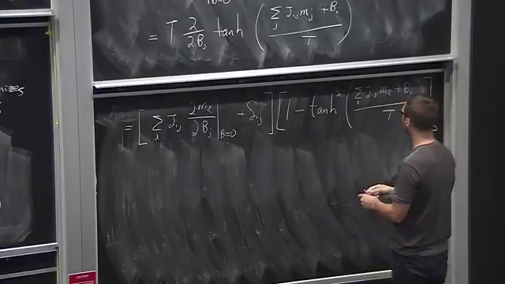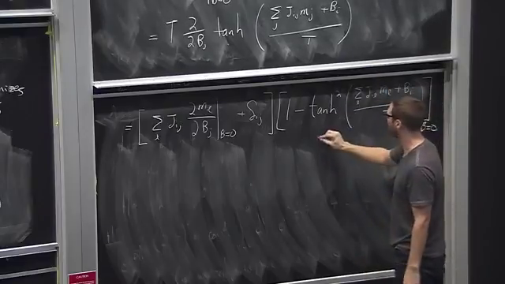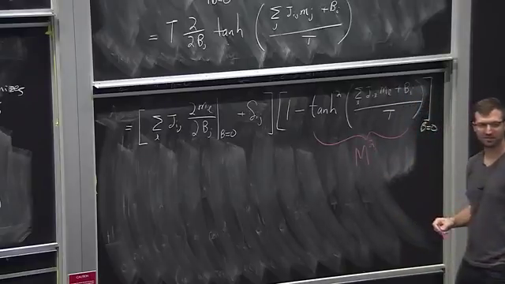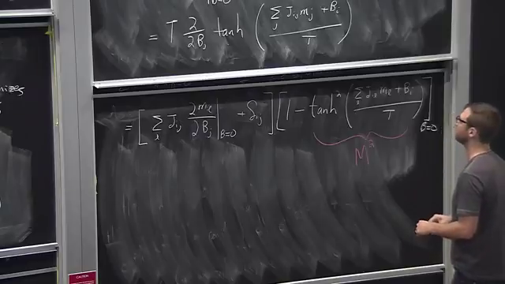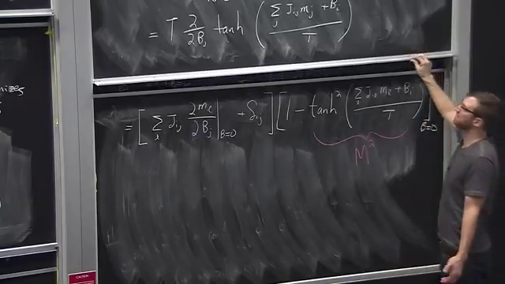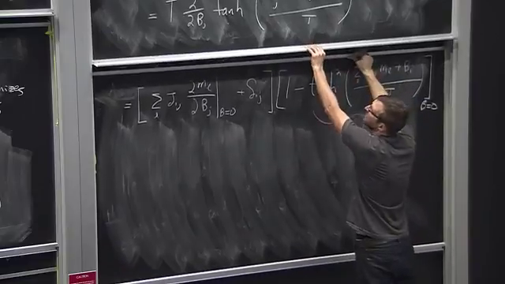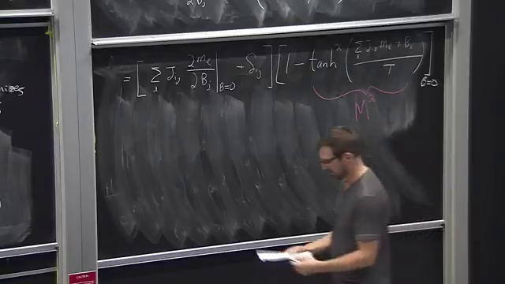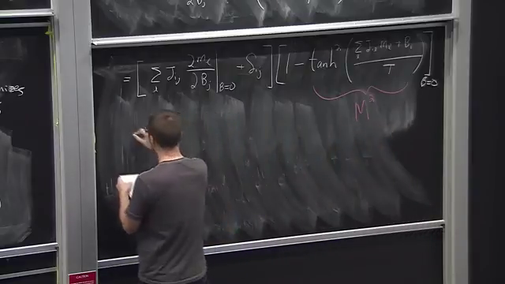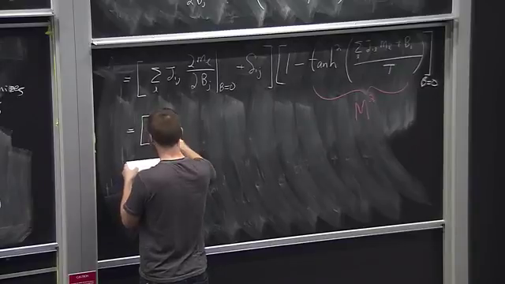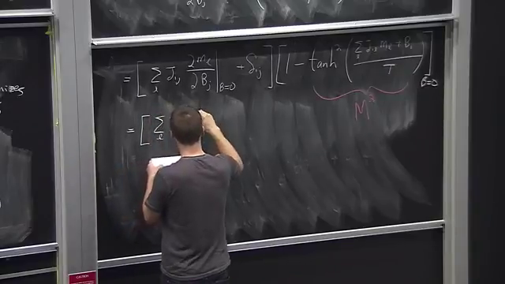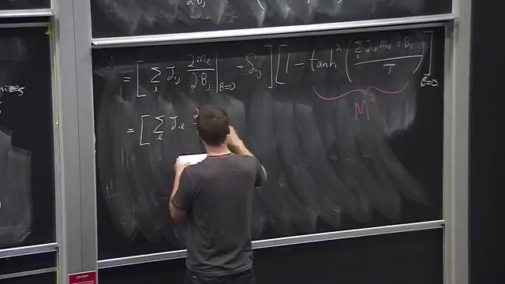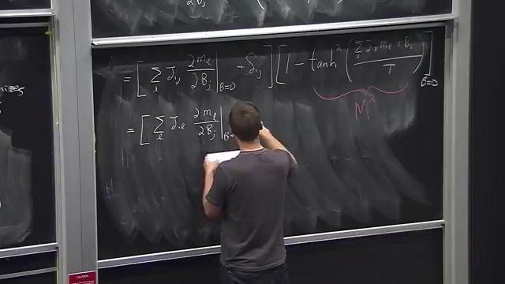Just to simplify things, let me call this object here, that's just your mean field magnetization squared. Makes sense. That's what I basically wrote up there. So in the shorthand, I have a derivative of m with respect to b still, which I've got to deal with.